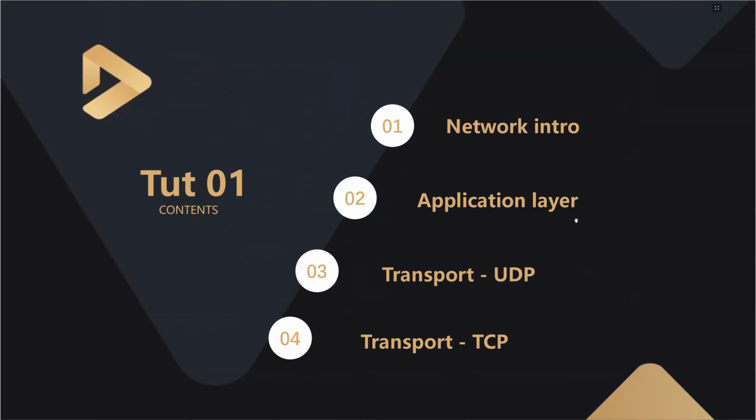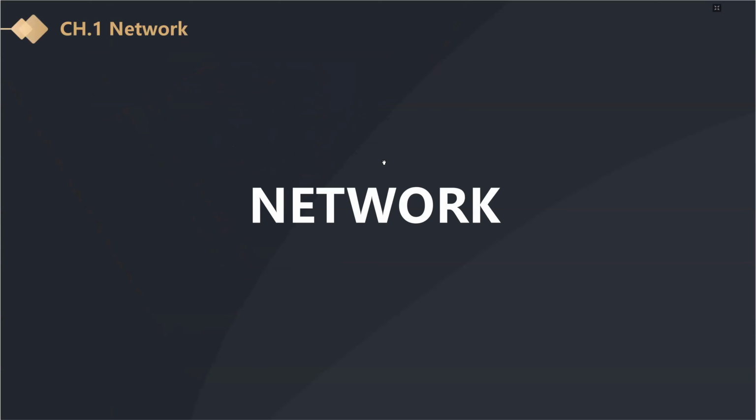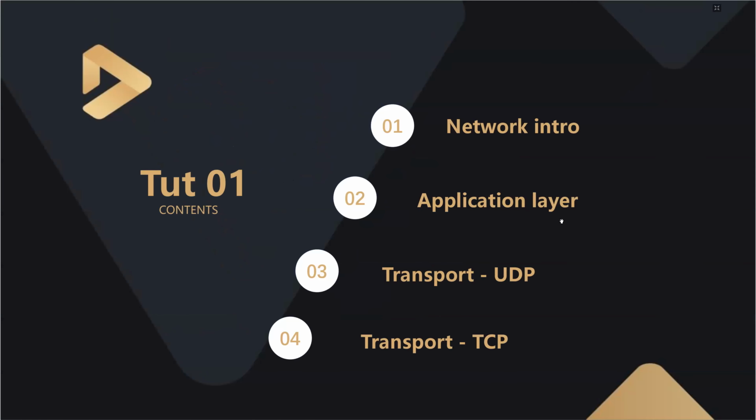We have four parts of content: network introduction, application layer, and transport layer, including UDP and TCP. In the midterm exam, parts 2 and 4 are very important. The application layer includes HTTP, DNS and P2P. And for TCP, we will have some simple calculation.